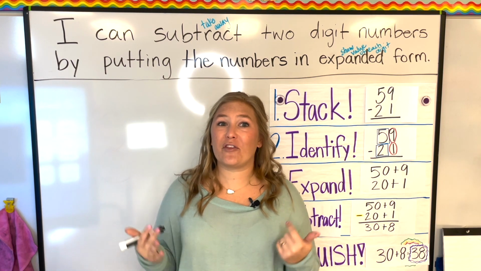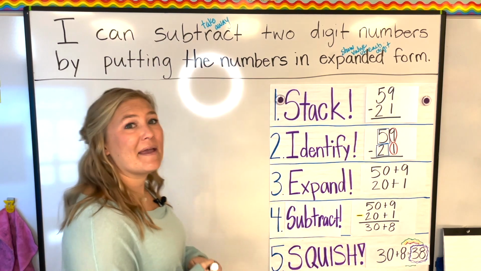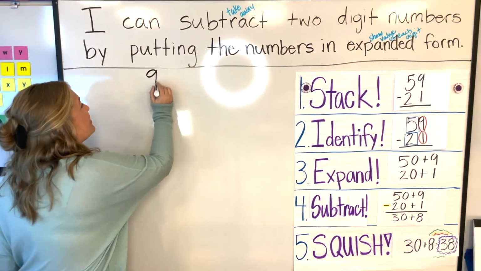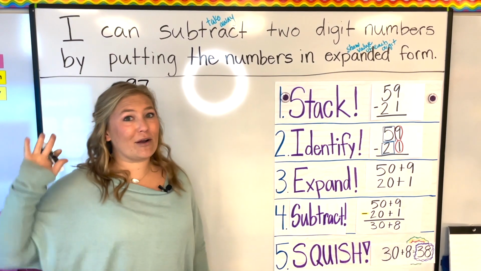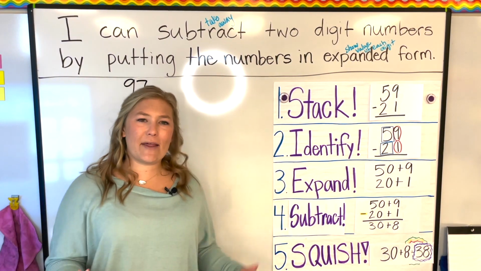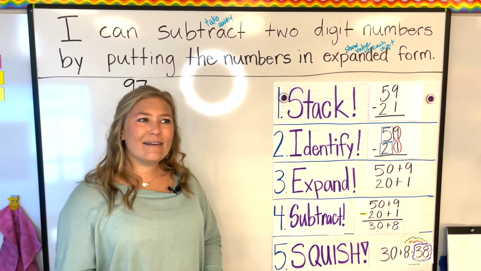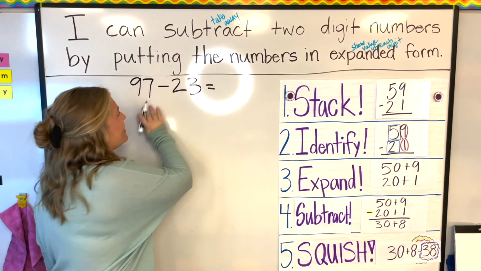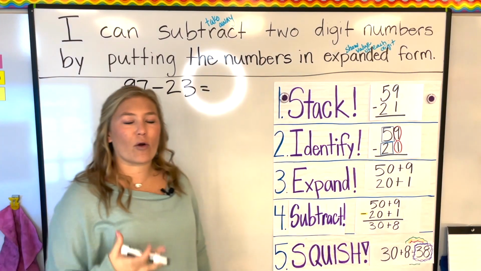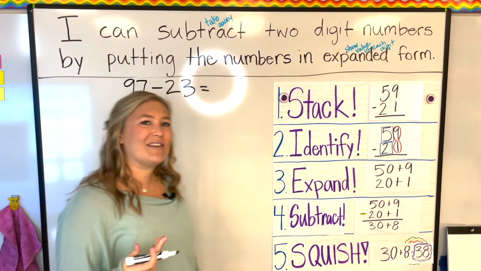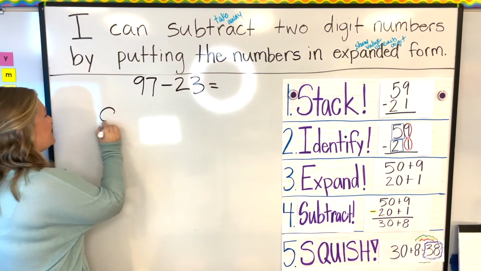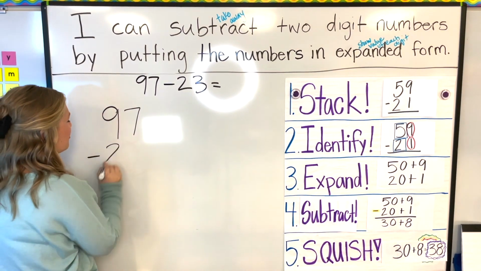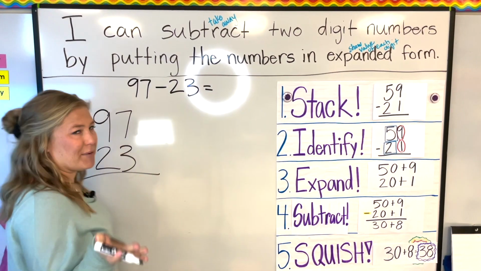Let's figure out what the subtraction problem is going to be. If I had 97 days of summer, I hear that's my bigger number, so I know that needs to come first. And then how many of those days were rainy? 23. So I know I'm going to take away 23 from 97. My first step is to stack it up. You guys probably already had that on your paper.